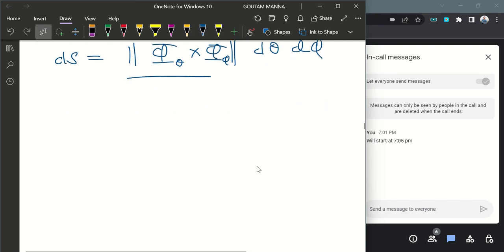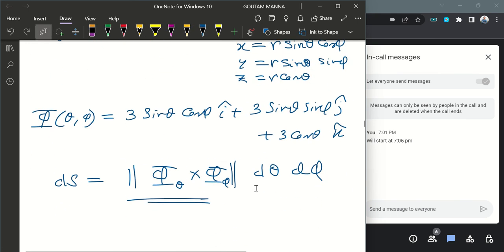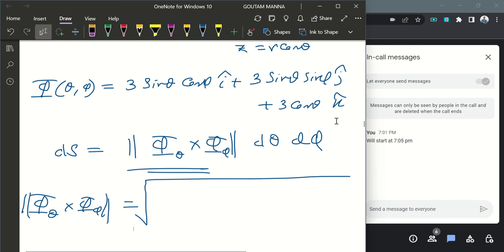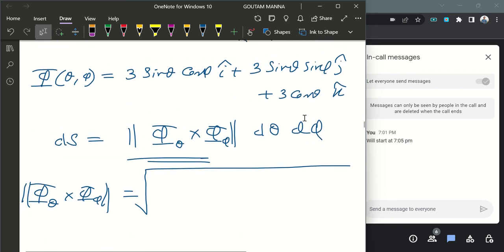Now we need to calculate this quantity, Phi theta cross Phi phi. I am calculating it directly. The first term will be del x del theta, which is 3 cos theta cos phi.